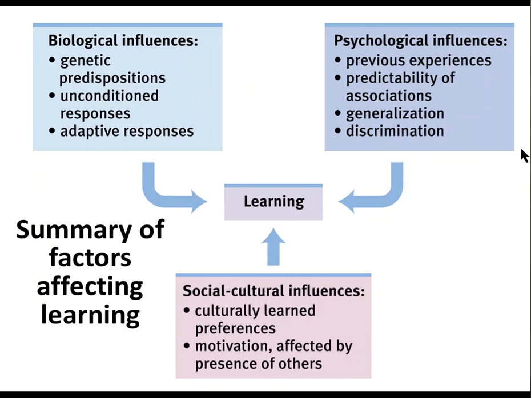We have biological influences: genetic predispositions, unconditioned responses, adaptive responses. We have psychological influences: previous experiences, predictability of associations, generalization and discrimination. Social-cultural influences: culturally learned preferences, motivation affected by the presence of others.